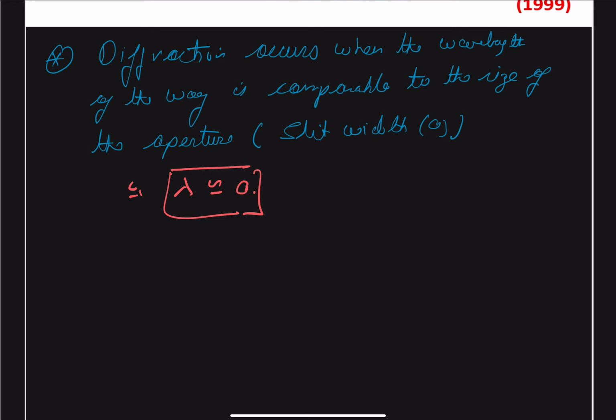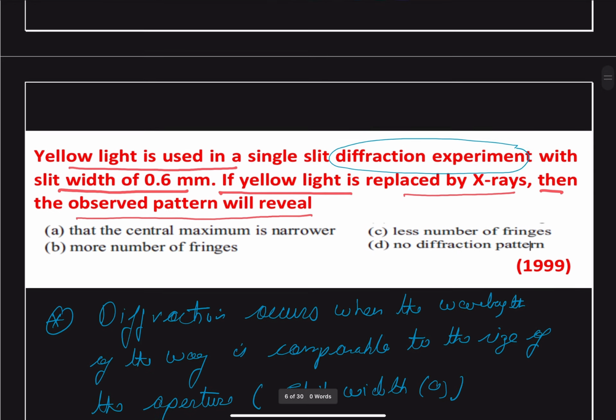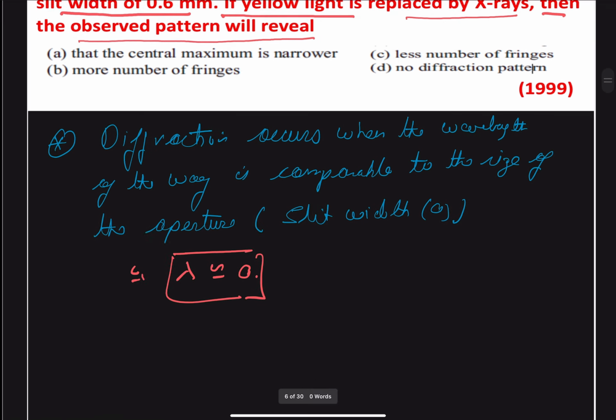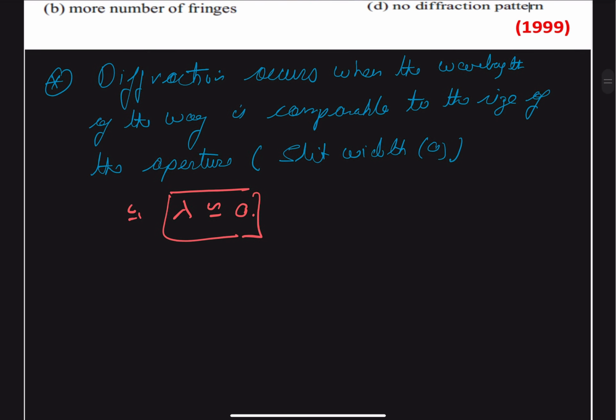The wavelength of yellow light is approximately 580 nanometer, or 5.8 into 10 to the power minus 7 meters.